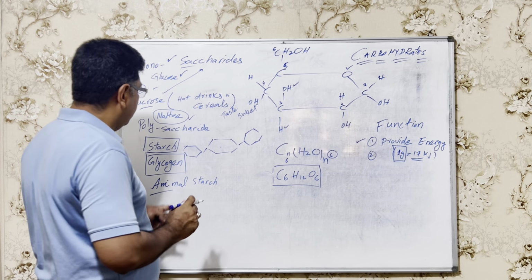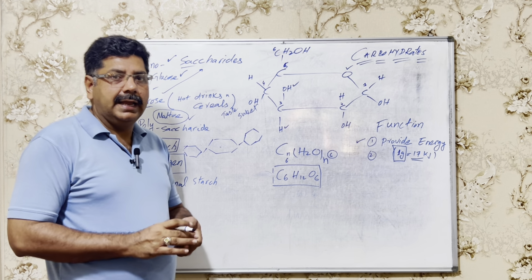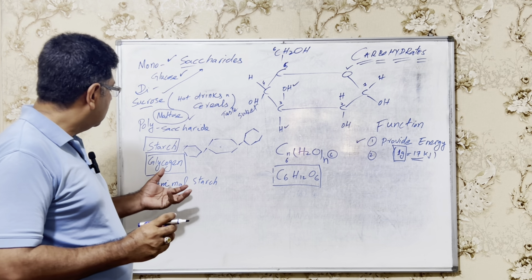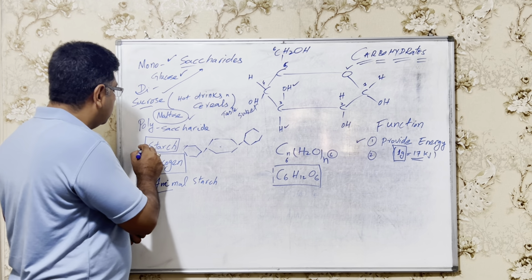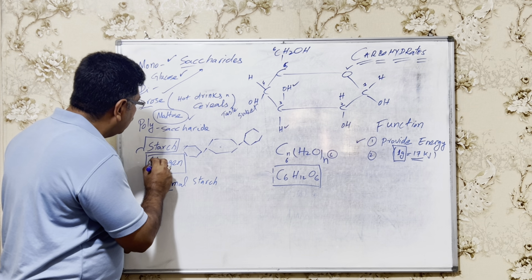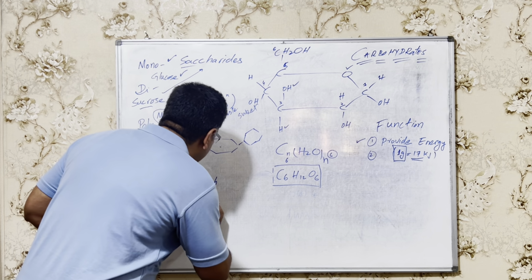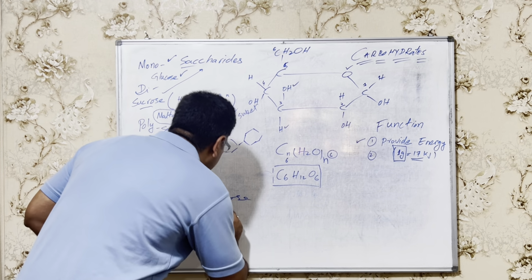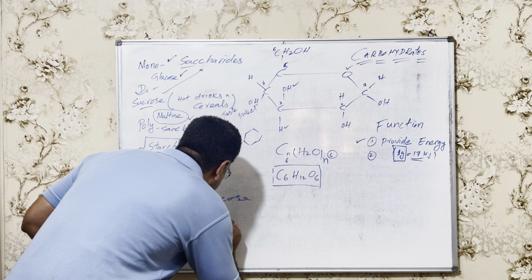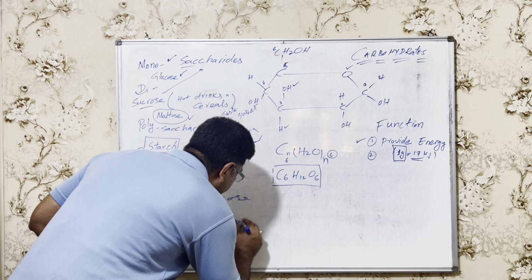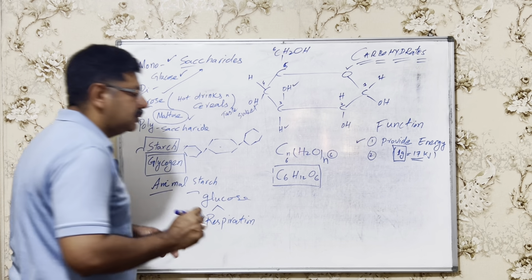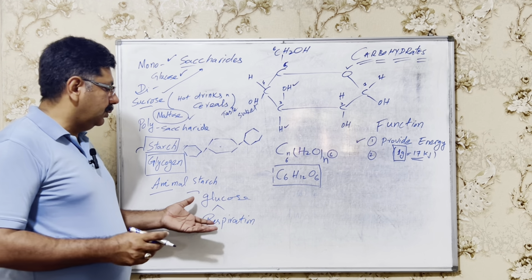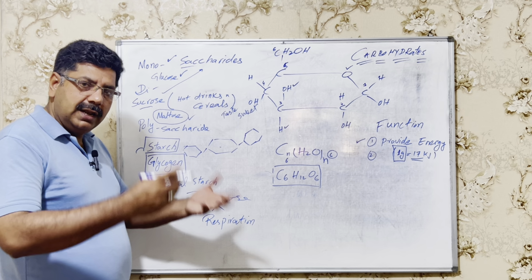Keep in mind, this animal starch is also extracted from some plants. Glycogen will be converted into glucose, and this glucose will be broken down by respiration. As a result of respiratory activity, energy will be released, and this energy can be used by animals to live their life.